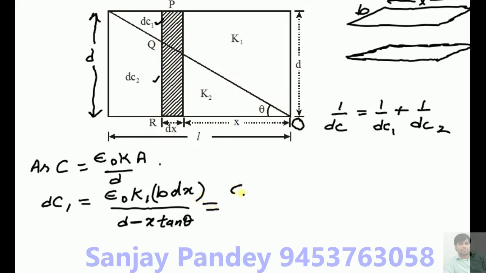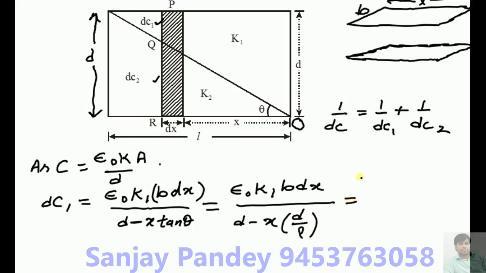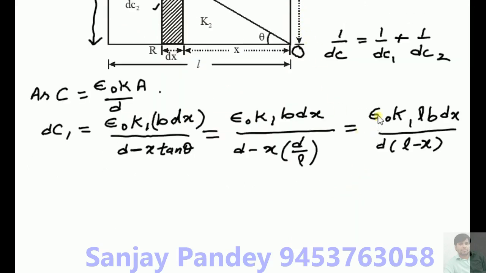So it will be equal to epsilon naught K1 B dx upon D minus x. The value of tan theta is D upon L, so we can write D upon L here. This will be equal to epsilon naught K1 L B dx upon D into L minus x, as L into B is the total area of the plate.